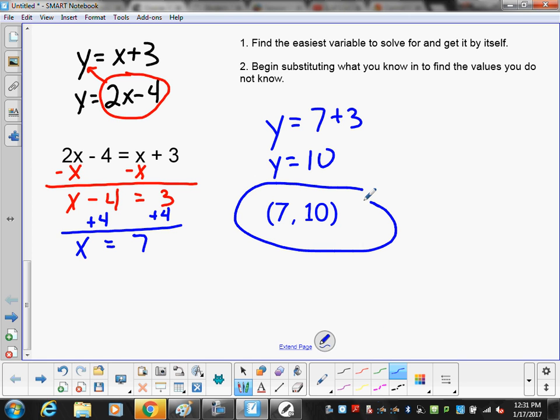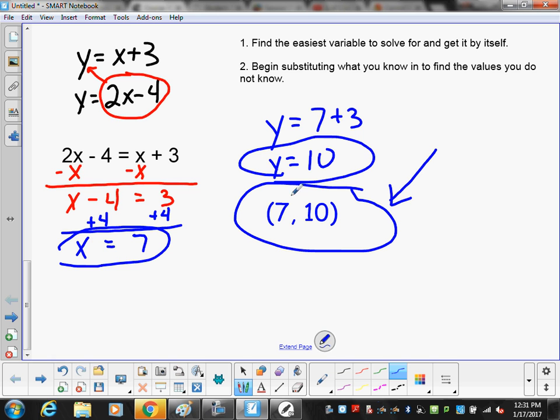And remember, when you're putting these points, it's always x comma y. So x always goes first, y always goes second in your parentheses. And this is the answer I'm looking for. Okay, you will not get full credit if you put just x equals 7 and y equals 10. You need it in this point form, ordered pairs.